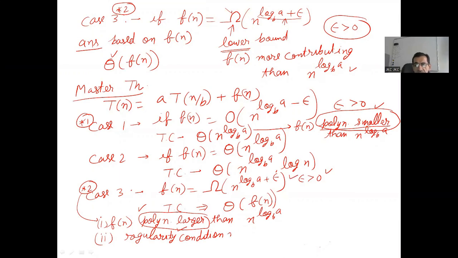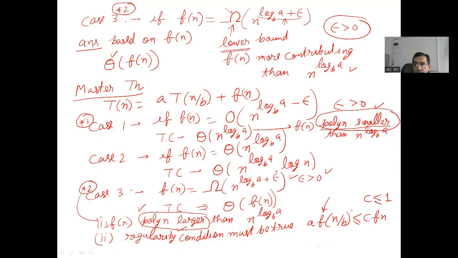It simply says a f of n by b is less than or equal to c of Fn for some constant c less than 1.